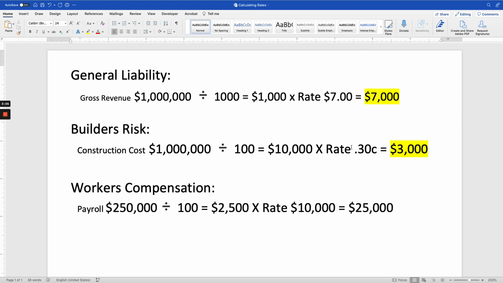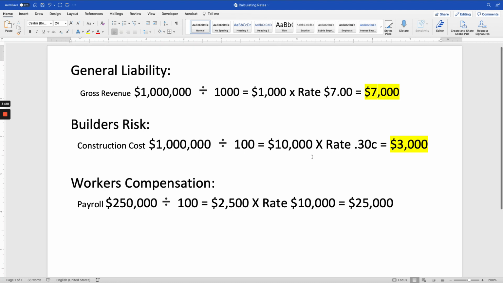Now, builders' risks are anywhere from 25 to 40 cents, right? But it could be astronomically higher if you're building in a high fire zone or whatever. So whatever that rate is, you will get that from your agent, or you'll see it on the builder's risk policy, and then pad it. So that would be 30 cents times 10,000 is $3,000.